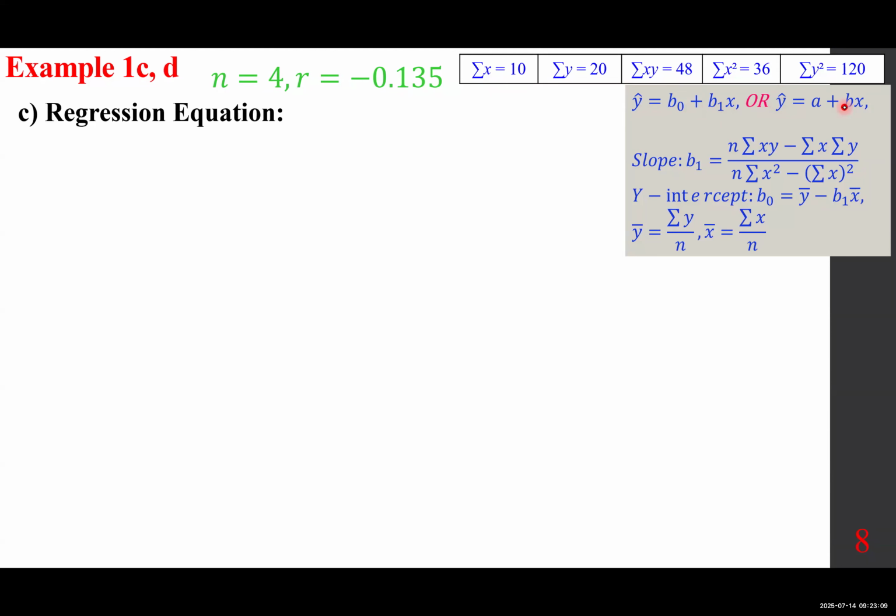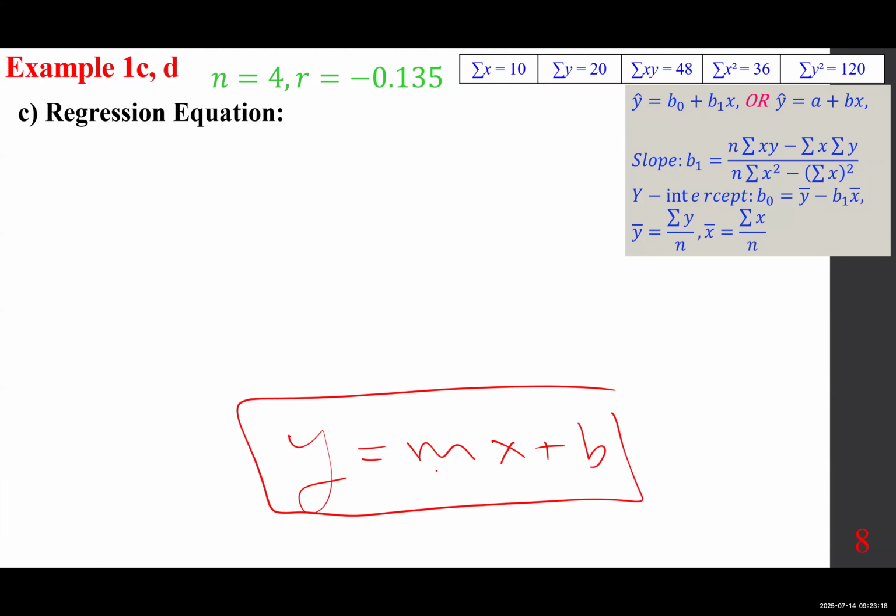And I hope you remember it really comes from algebra of y equals mx plus b. This was the slope. You remember that? And this was the y-intercept. That's absolutely the same concept. This is a line, okay? This is the slope-intercept format, okay?